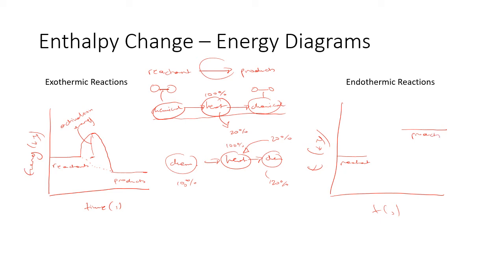And once again, don't be tempted to draw this straight line. This is not what happens. There's again this bit of a hill, and again, this energy right here from the reactants to the top of the hill is called the activation energy. Alright?